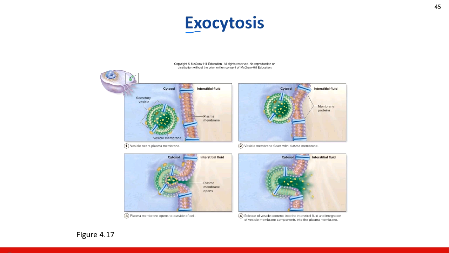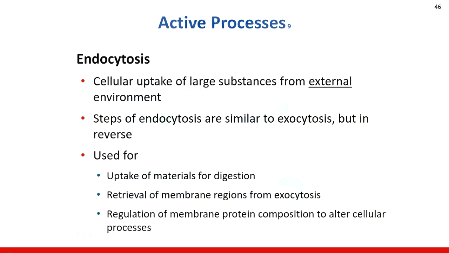Another active process is called endocytosis. This is the opposite of exocytosis. So this is when there are materials outside the cell that the cell wants to take in. It's going to enter. So it's very similar to exocytosis, but it is in reverse.